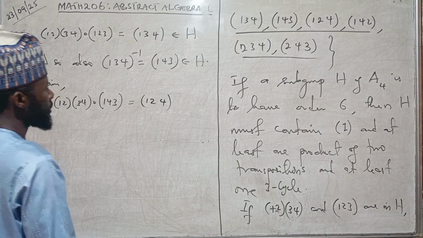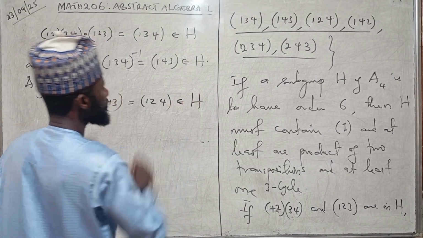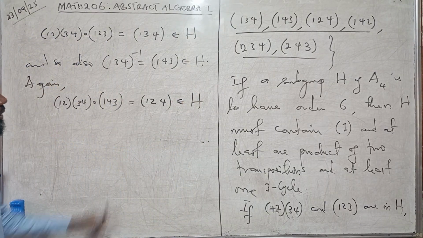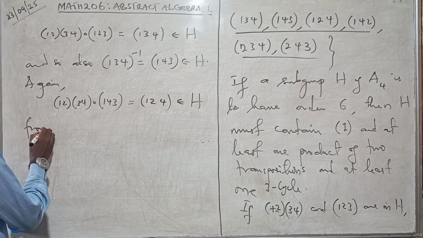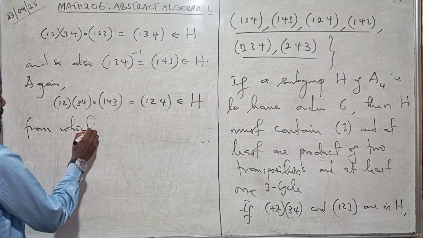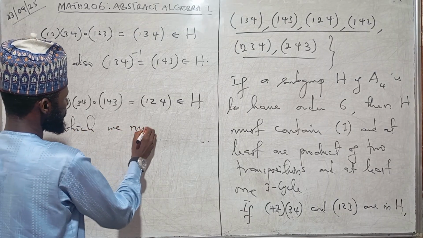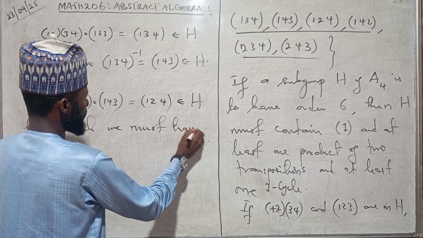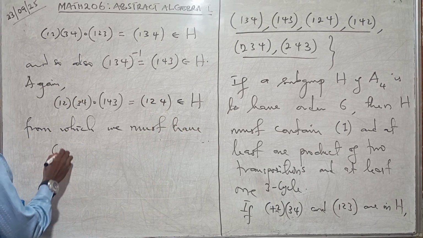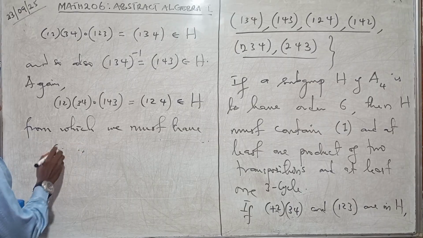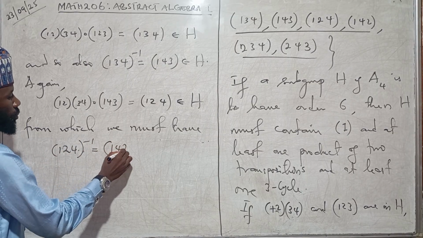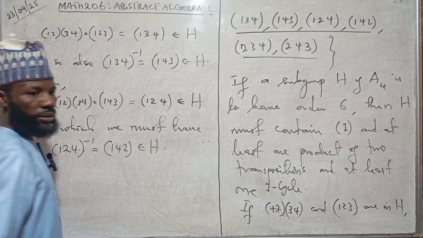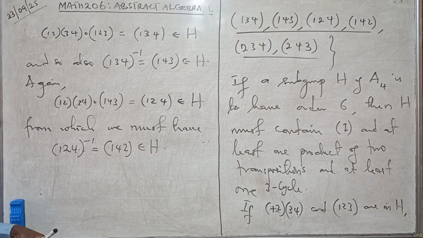So this cycle is closed. So you have a cycle of length 3 again, (1 2 4), from which we must have the inverse of this, (1 2 4) inverse, which is equal to (1 4 2), to still be in H. So the inverse must also be in H.